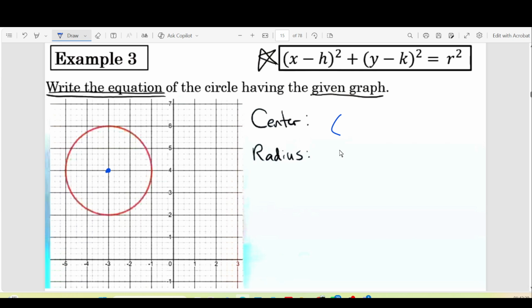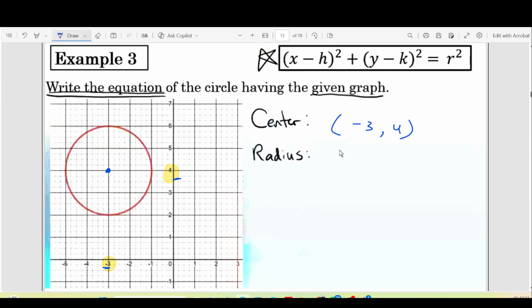The center would be x plus 3, y minus 4. X is negative 3, right? And y is positive 4, right? Negative 3 comma positive 4.